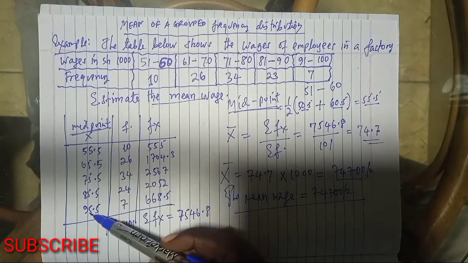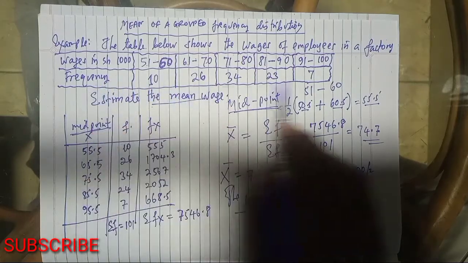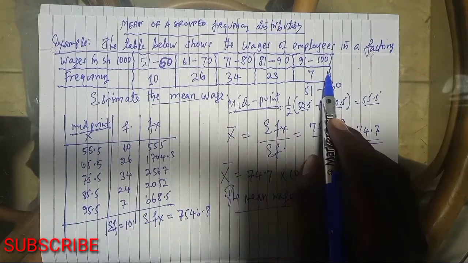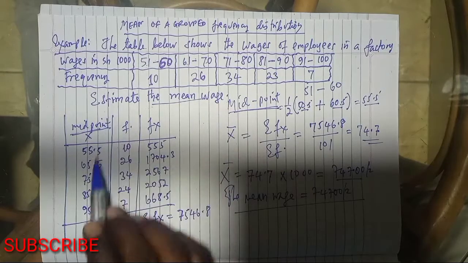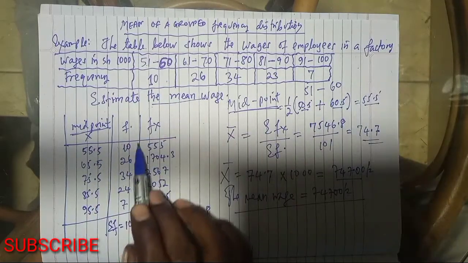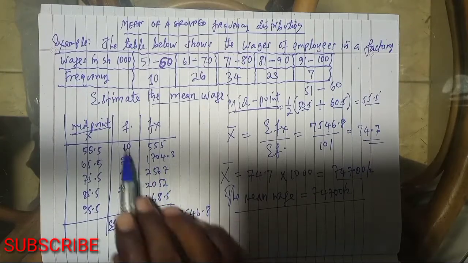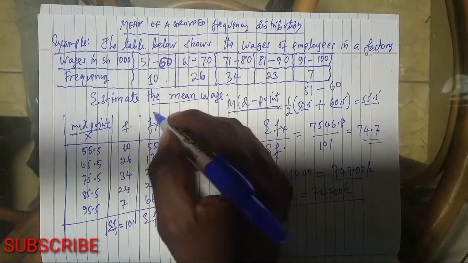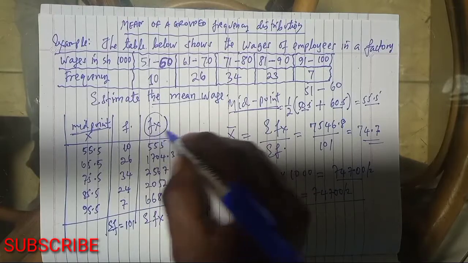The frequency for every group is given, so after you have represented them, you have to find fx.